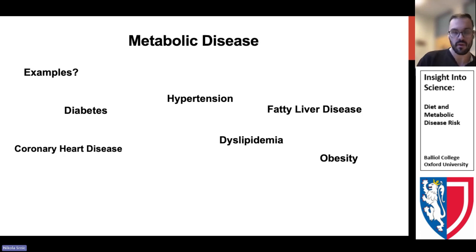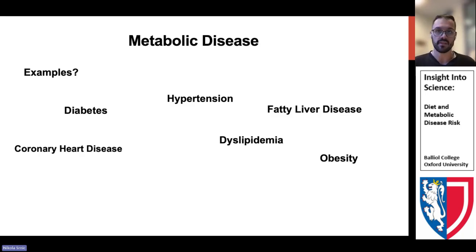So kind of a short list of what we sometimes think about when we're talking about metabolic disease is things like obesity, diabetes, coronary heart disease. We get that buildup of plaque in the blood vessels, hypertension or high blood pressure. Dyslipidemia is a medical condition where your blood lipids are outside the normal range. So if people talk about having high cholesterol or bad cholesterol, that is another way of describing dyslipidemia.